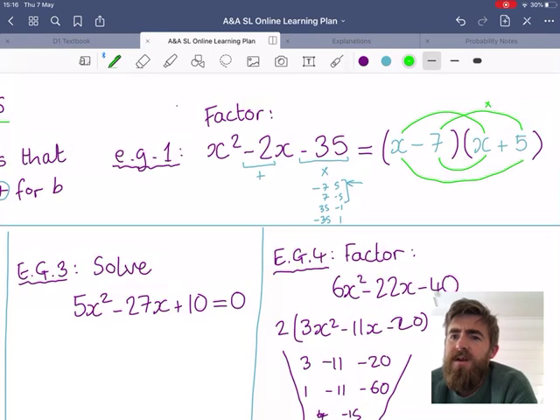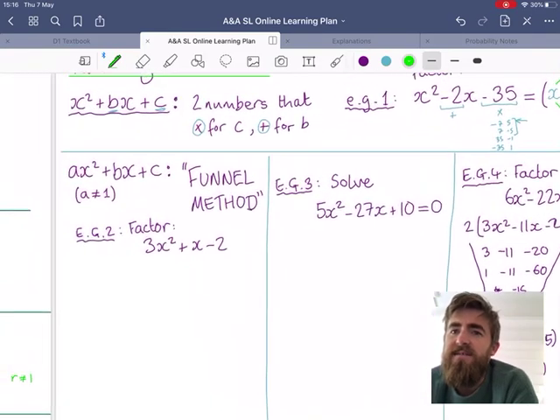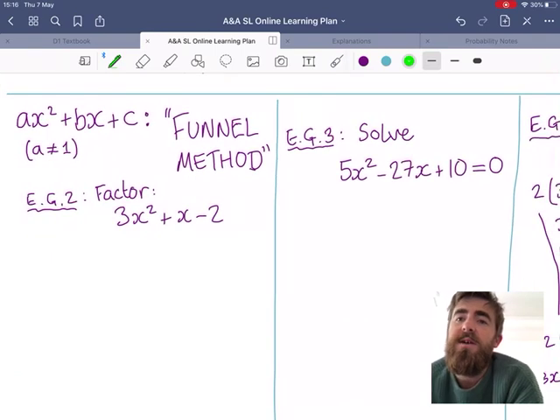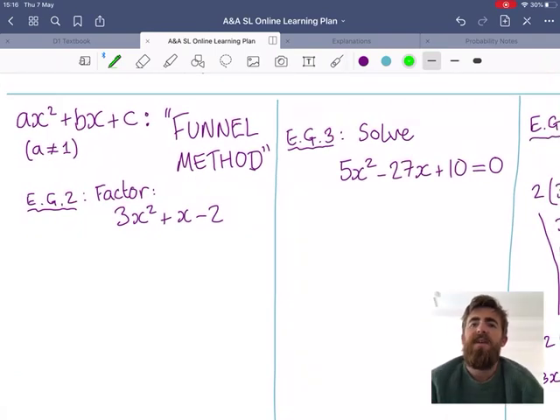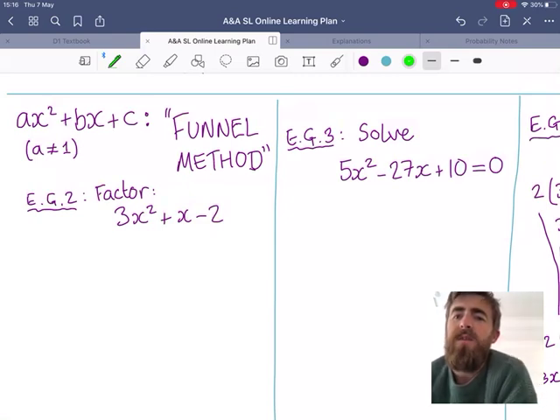Okay, so next we move on to, well, a harder version of this question, which is when we have more than one x squared. Okay, so ax squared plus bx plus c when a does not equal 1. So, well, for example, any of these that I've written here, 3x squared, 5x squared.